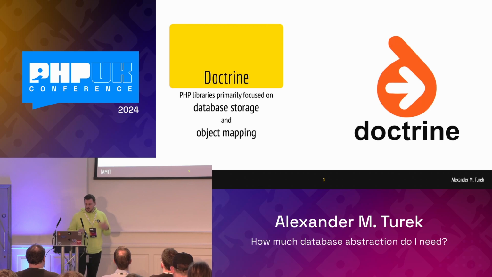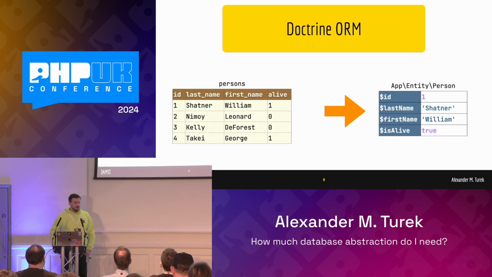The most famous one is probably the Doctrine ORM, which allows you to map the content of a relational database to objects. Here, for instance, we have a table of persons, and we can have a person class in our PHP code, and the library takes care of mapping that content to this particular class.